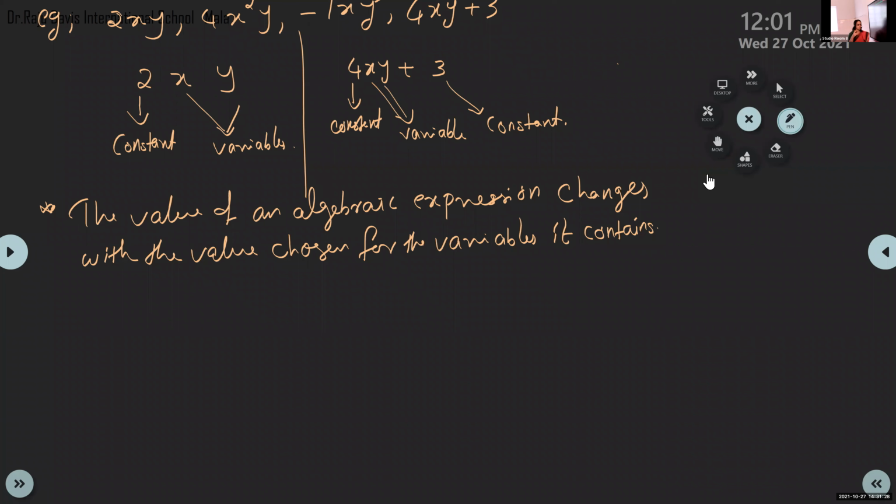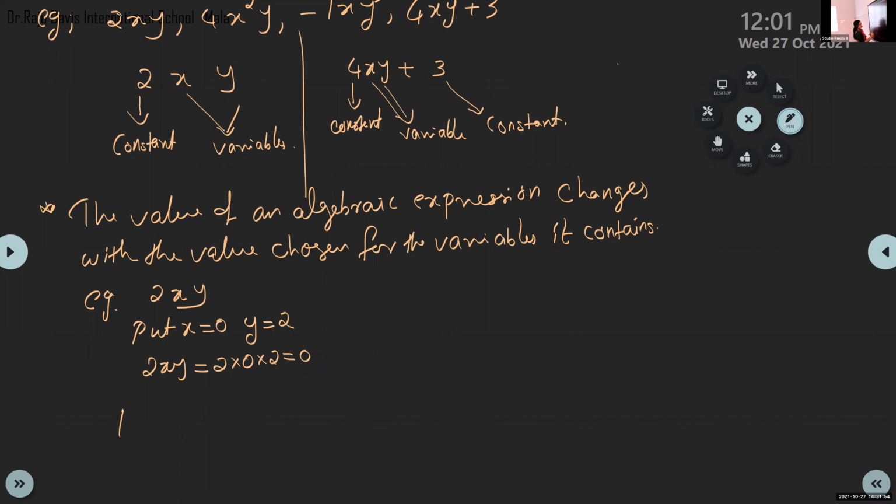As the value of the variable changes, the value of the expression also changes. For example, 2xy. Put x equal to 0, y equal to 2. Then 2xy equal to 2 into 0 into 2, 0. Put x equal to -1, y equal to 4. Then 2xy equal to 2 into -1 into 4, -8.